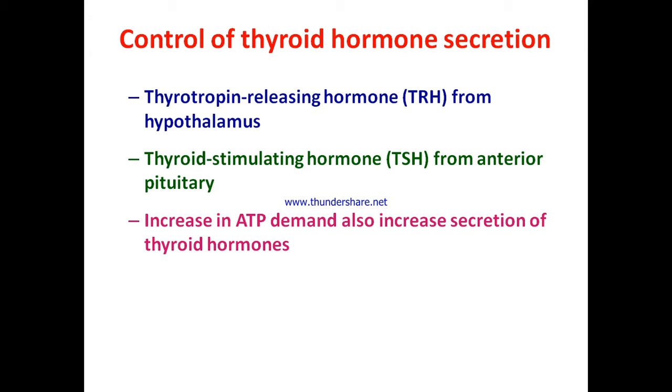In the previous slide, we have seen that thyroid hormone increases basal metabolic rate, which can also release increased amount of ATP. During increased ATP demand, more thyroid hormone needs to be released. As a result, increase in ATP demand also increases secretion of thyroid hormone.